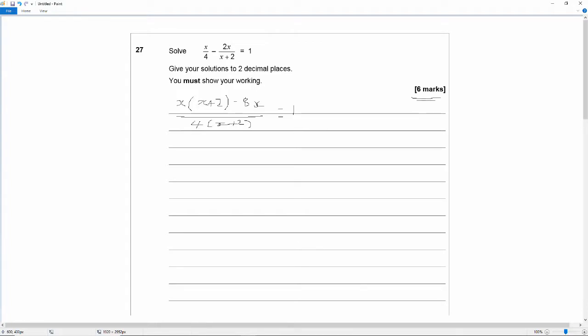So this is going to be x squared, x times x is x squared, plus 2x minus 8x all over 4 into x plus 2. And all that lot is equal to 1.